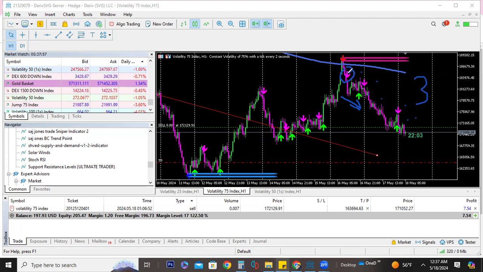So you could have gotten a trade here, got out here in the same day, entered a trade here, got a trend point arrow here and got out, then got a sell arrow here. Because remember, we're only taking entries when we get the sell arrow in the direction of the trend. So the sell arrow must come in the direction of the trend.